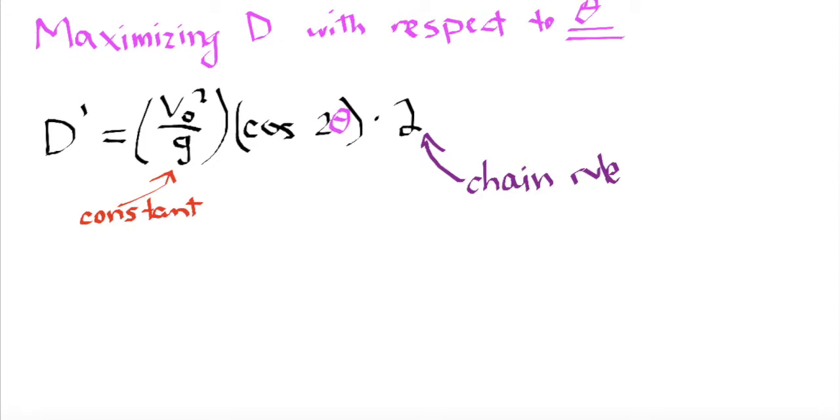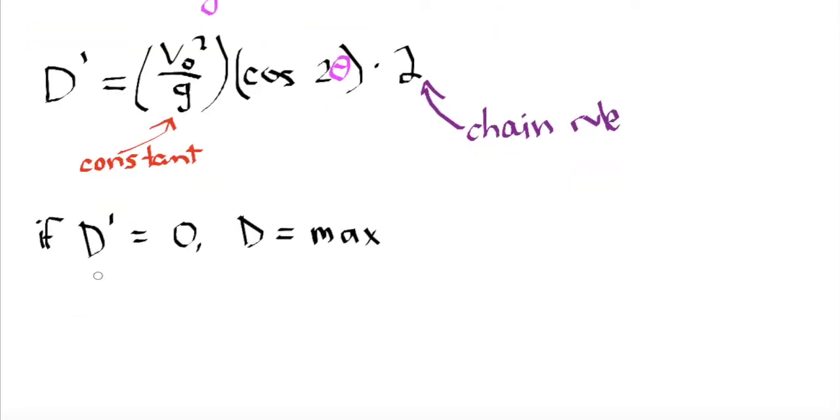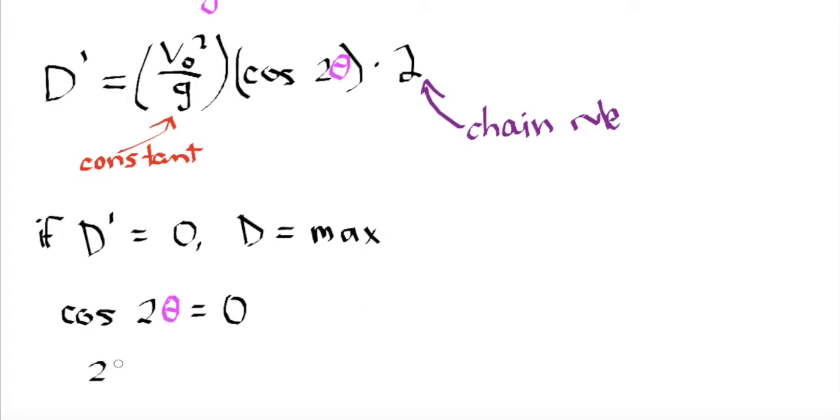If d prime is equal to 0, then we know that d will be at its max. So we have to figure out what value of theta makes d prime 0. Since everything else is just constants, all we care about is cosine 2 theta, because if cosine 2 theta is equal to 0, everything else is equal to 0.